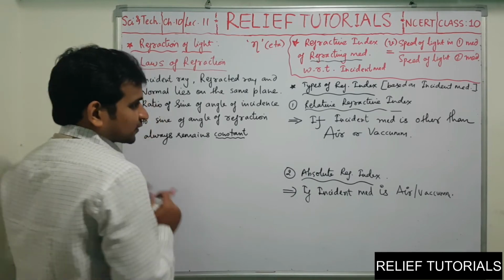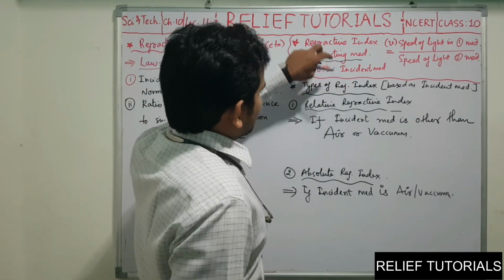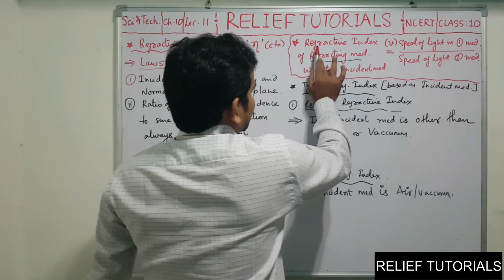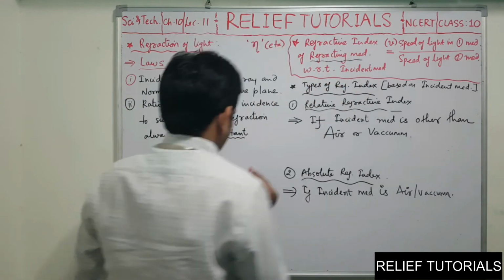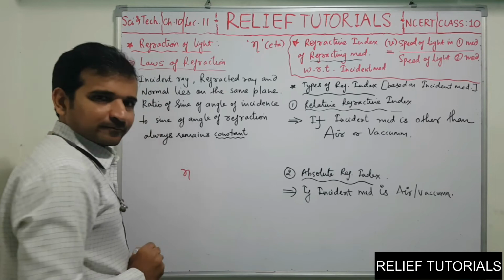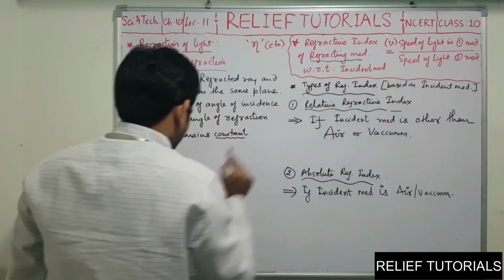So if you write the formula in symbolical form, refractive index of refracting medium, eta of the refracting medium, is medium number 2.